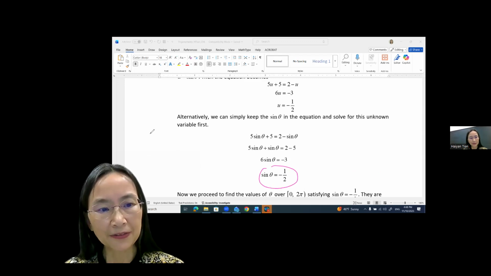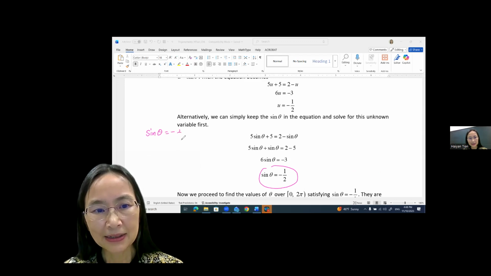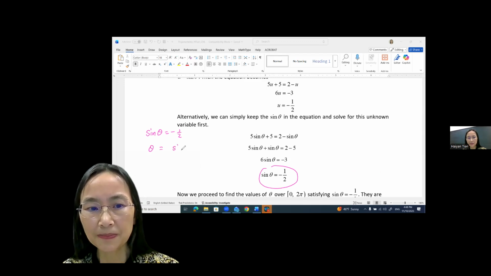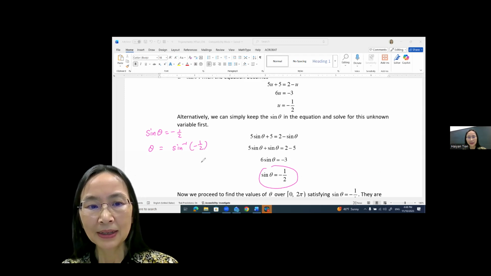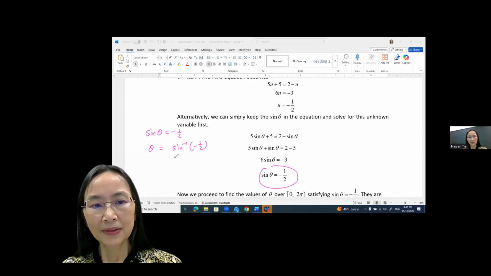So if we have this, what is theta? If you do the sine inverse of negative half, and by doing the inverse, you only find theta in what range?